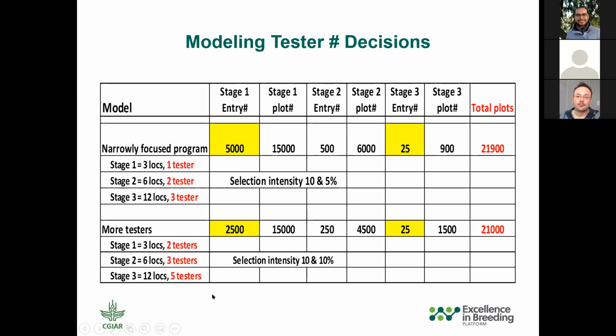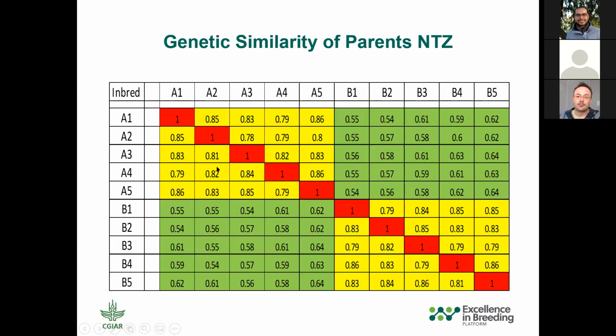Another factor that's going to become more important as you make this decision is the genetic similarity of the parents. This is just a fictional program with 5 males, 5 females, but it is the kind of numbers in terms of genetic similarity that I've seen in some northern temperate zone programs. I'm talking about a mature program where they had their pet inbreds and recycled them within a narrow pool.